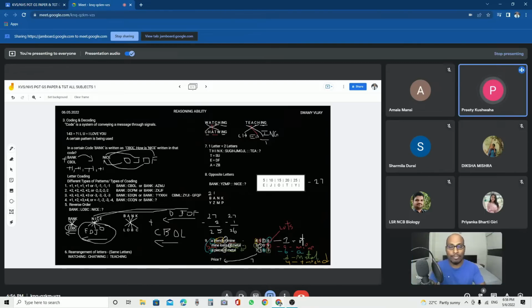Okay, सुनिए. All of you listen slowly. Diksha, are you there? Yes, sir. Now what we are doing after the first four patterns, we have to find out whether it is plus 1, plus 2, plus 3, or plus 1, 2, 3, 4, or minus 1, minus 2, minus 3, or minus 1, 2, 3, 4.